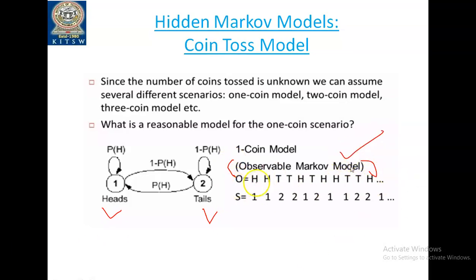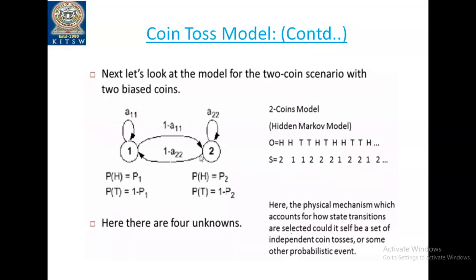The observation sequence could be head, tail, head, like this. So a reasonable model for the 1 coin scenario is that there are no hidden states, and there are only 2 unknowns. For that, we can easily calculate what happens.